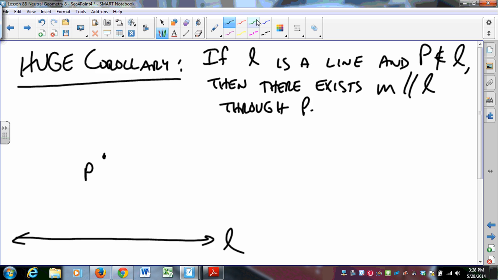Yes, it is. It is an existence theorem. It says there exists at least one. There could be more than one, as is the case in hyperbolic geometry, that has more than one. There exists one.